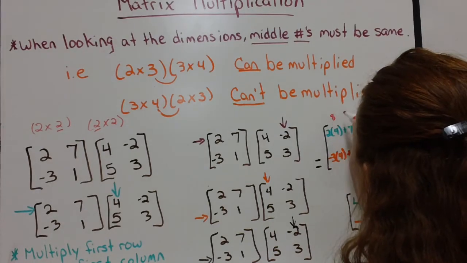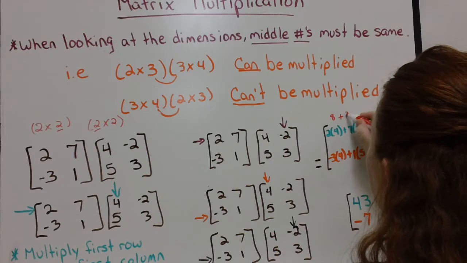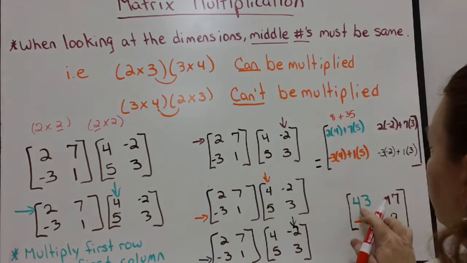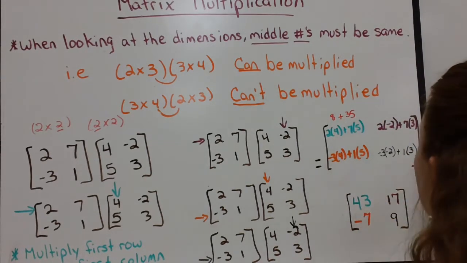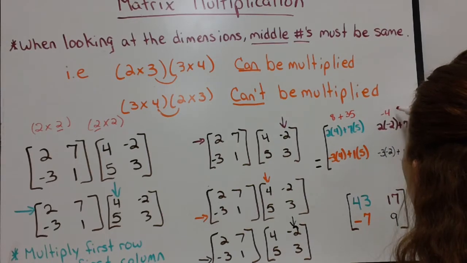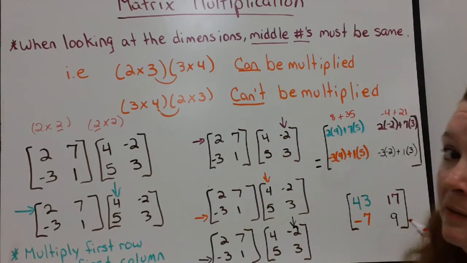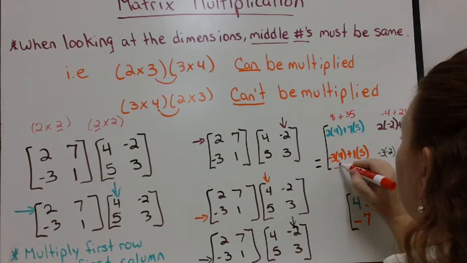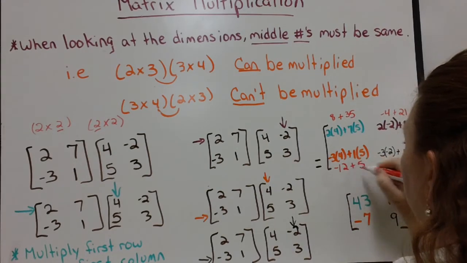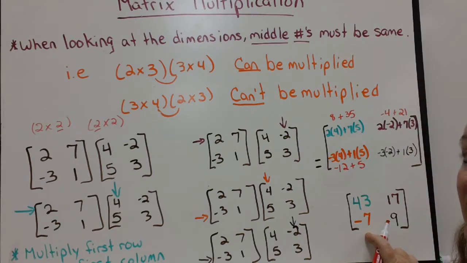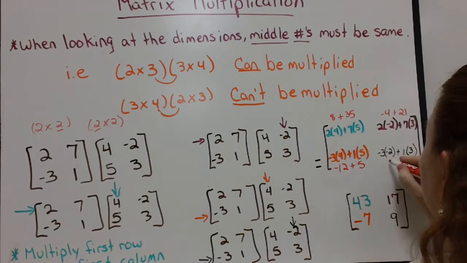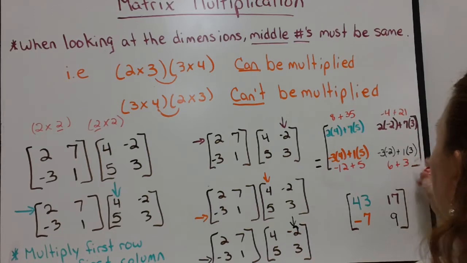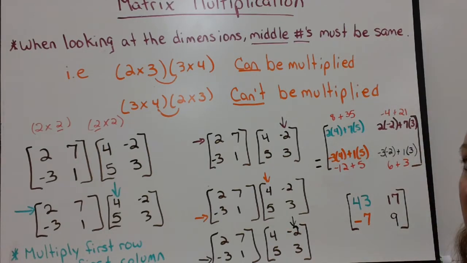This is really 8 plus 35. And 8 plus 35 is 43. This is negative 4 plus 21. And when you add those, you should get 17. This is negative 12 plus 5, and that's where I get the negative 7. Positive 6 plus 3, and that's where I get the 9.